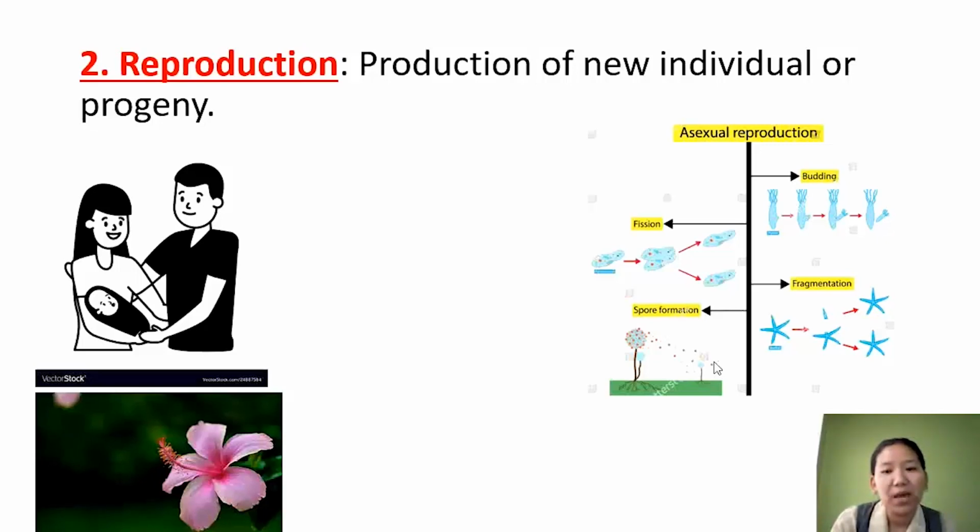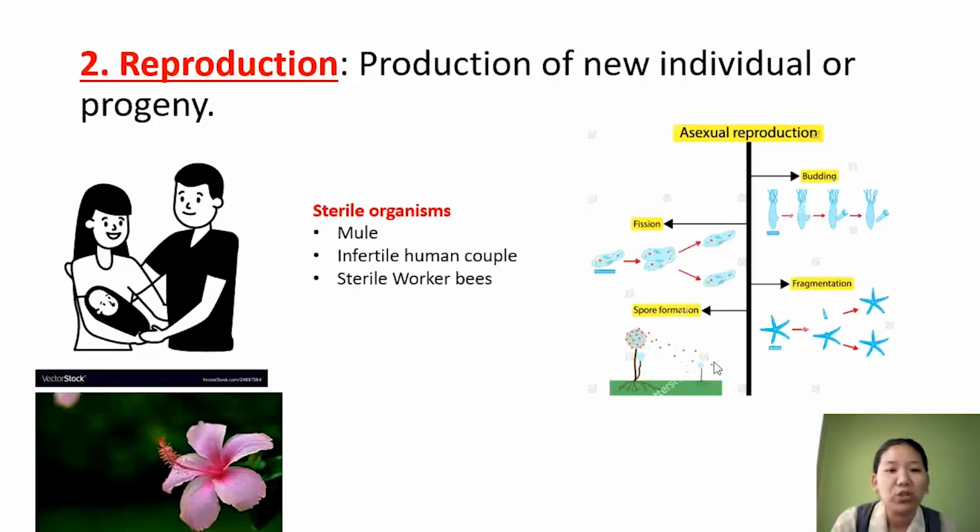Again, you must be aware that there are some examples of organisms that do not reproduce. They do not produce offspring. Let us see such examples. Mule: it is a cross between donkey and horse. These mules are sterile organisms. They do not reproduce. The second example is infertile human couples.